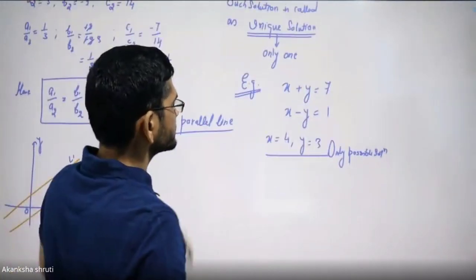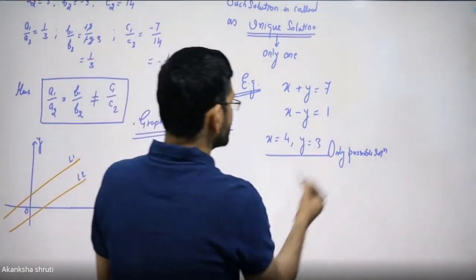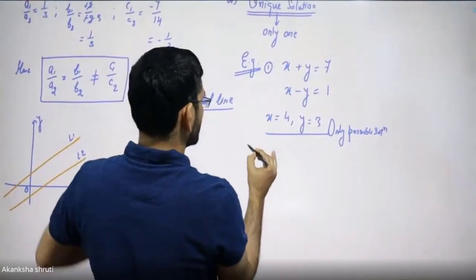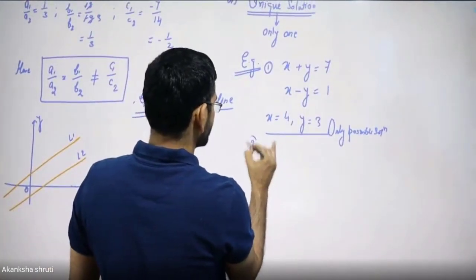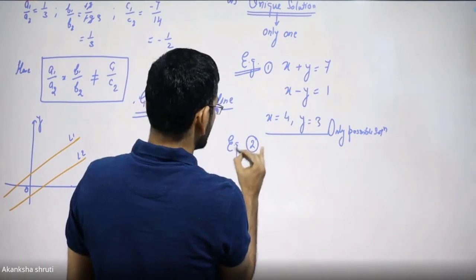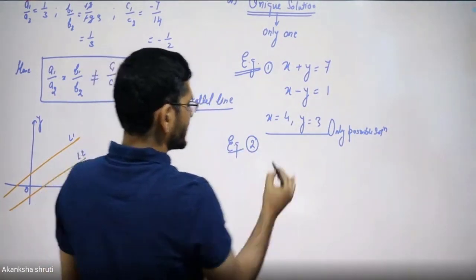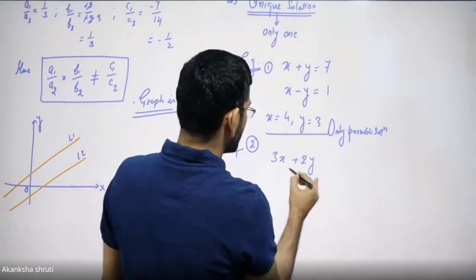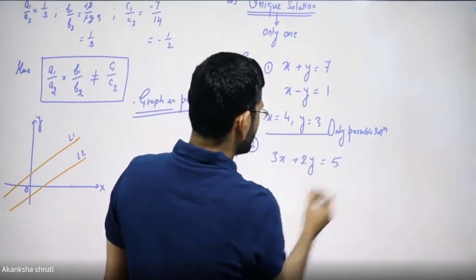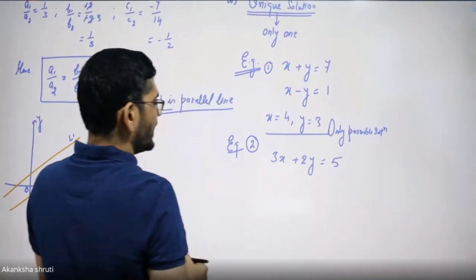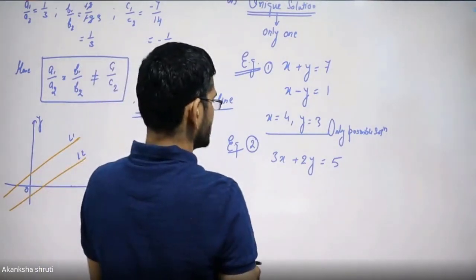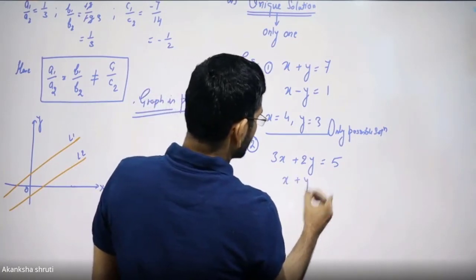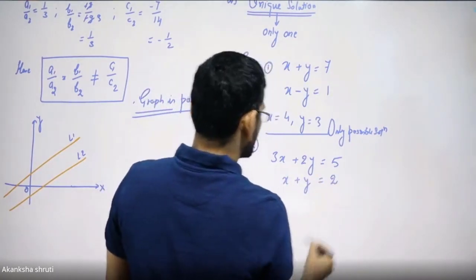Students, let me take some more examples. So this is equation 1. Let us take the second, example 2. Let me take, say, 3x plus 2y is equal to 5 and x plus y is equal to 2.